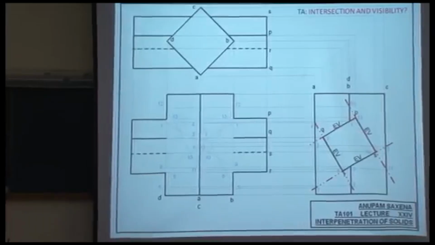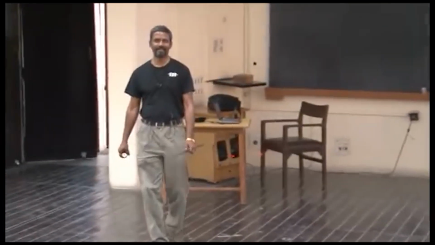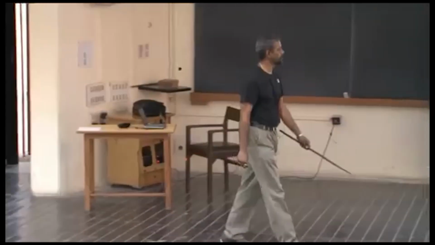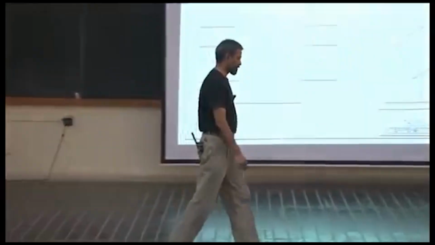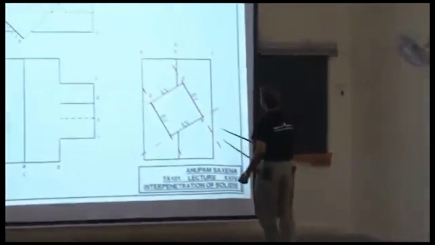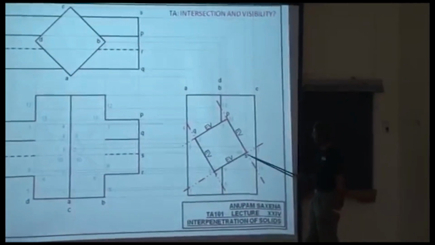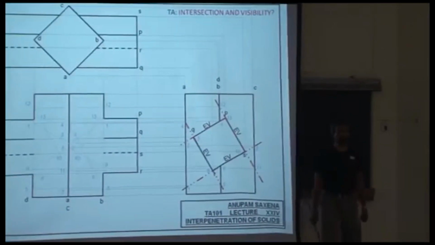Once you have identified these intersection points, now you need to connect them. Which ones of these will be real? Which ones of these will not be real? All those points which lie on the horizontal prism, for example 1, 3, 6, 9, 10 and 13, will be real intersection points.